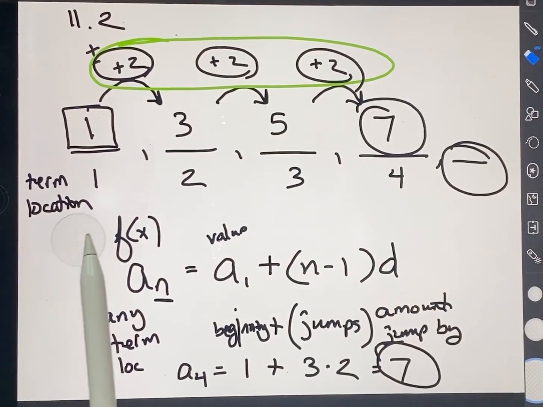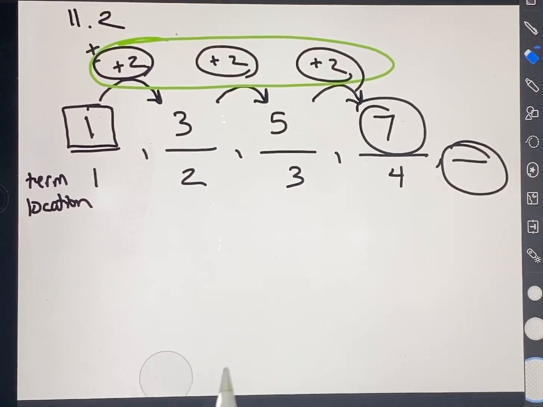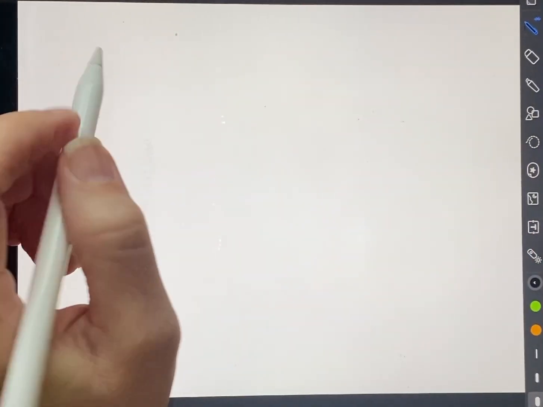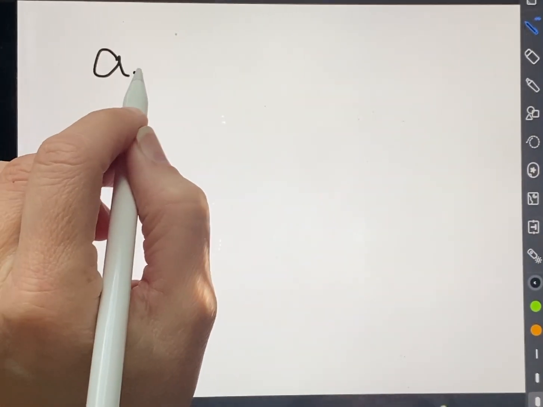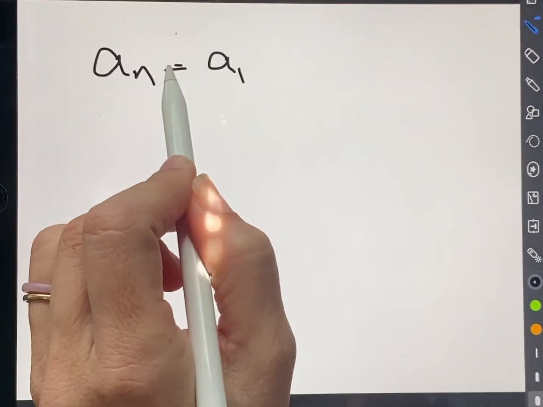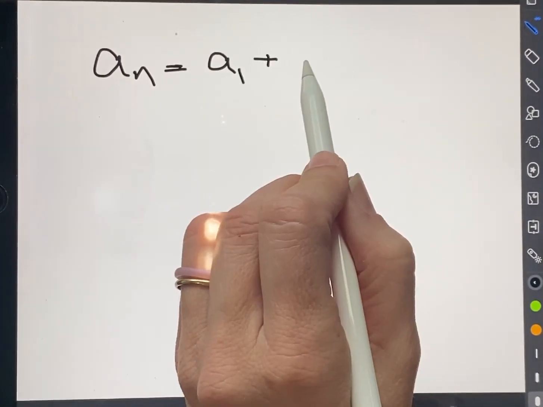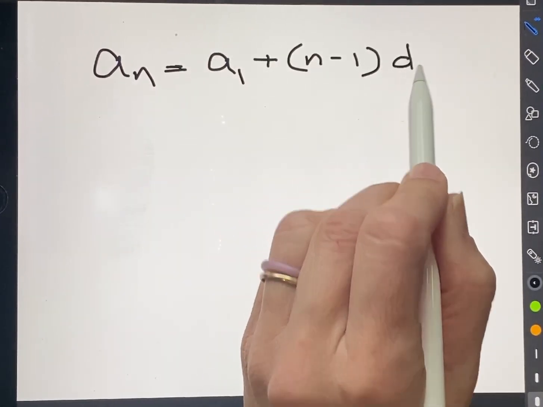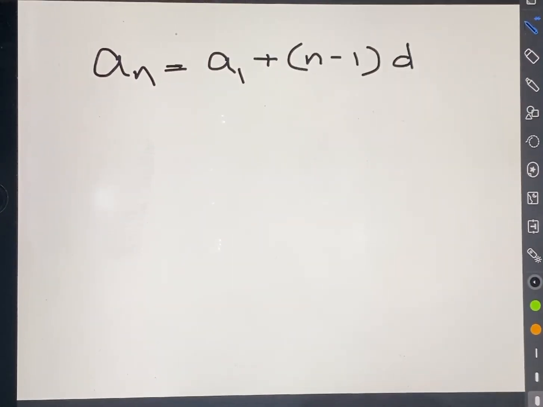Okay. So this formula is one that is very valuable to know, that we can find any term in a sequence by starting at the beginning and simply jumping a certain number of times by a certain amount.